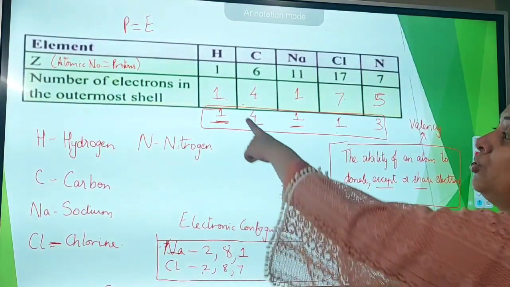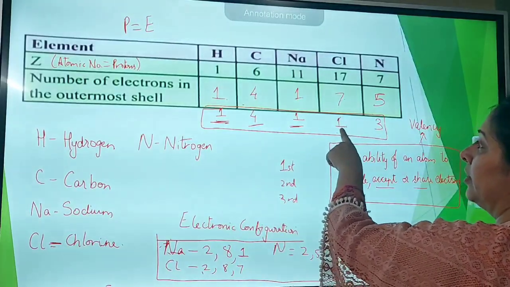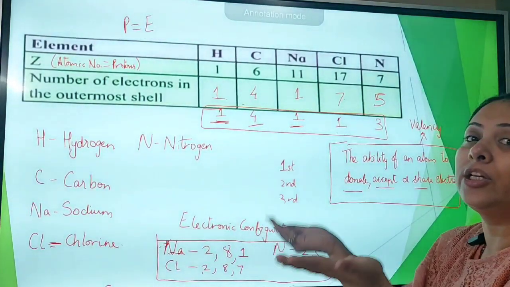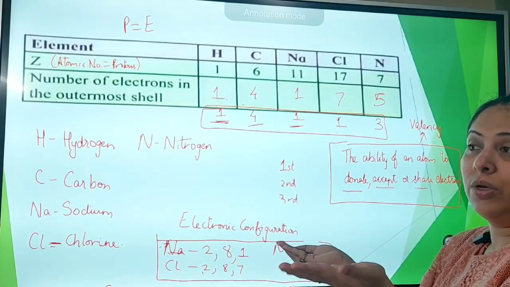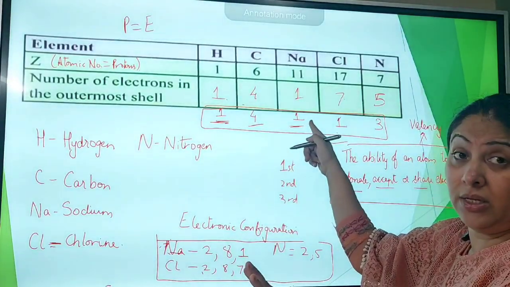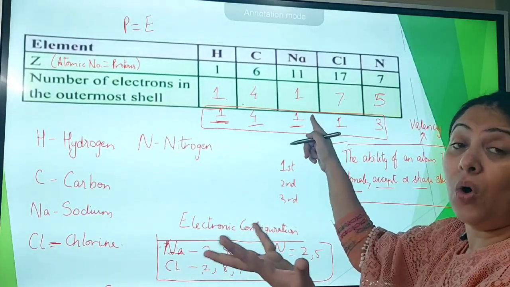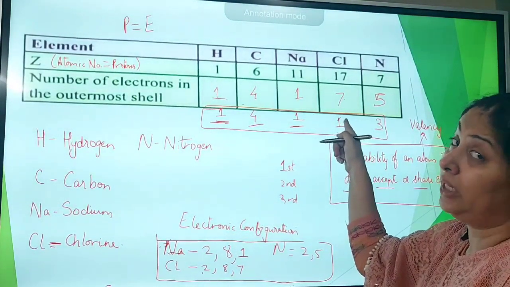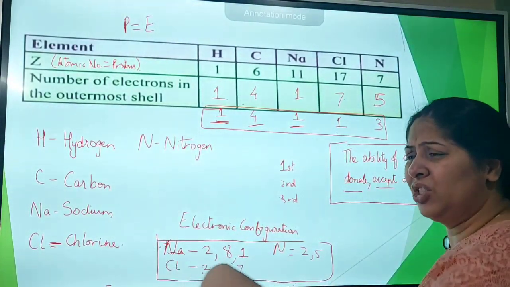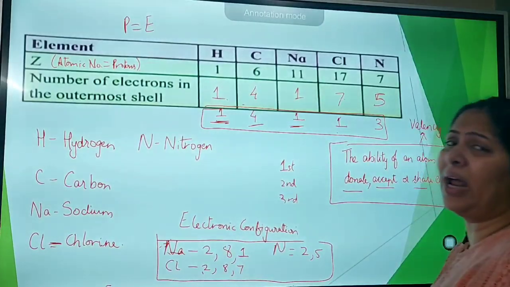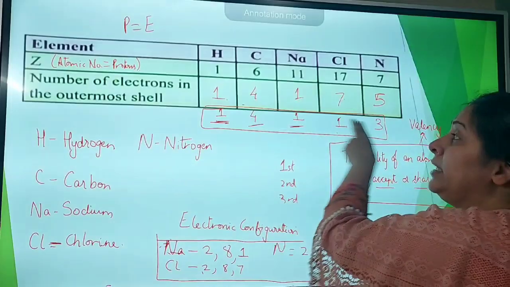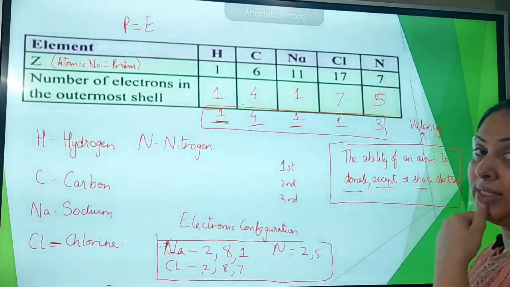Either I give, how many can I give? Here I can give 1. And accept, how many can I take? I can take 1. And to share, will it work? Share, you take mine or I'll take yours, anything is good. This is known as its valency.